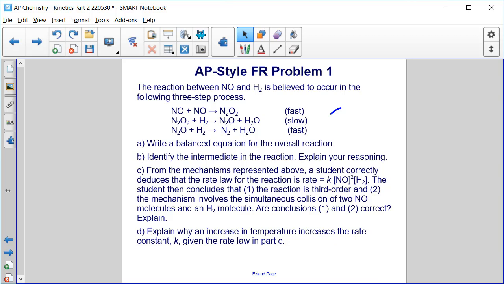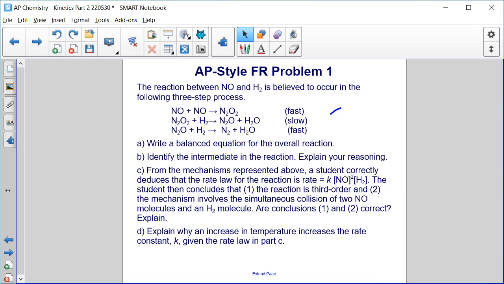Okay? So first we're going to write a balanced equation for the overall reaction, then identify the intermediate of the reaction and explain. And then from the mechanism presented above, a student correctly deduces that the rate law for the reaction is NO concentration squared times concentration of H2.